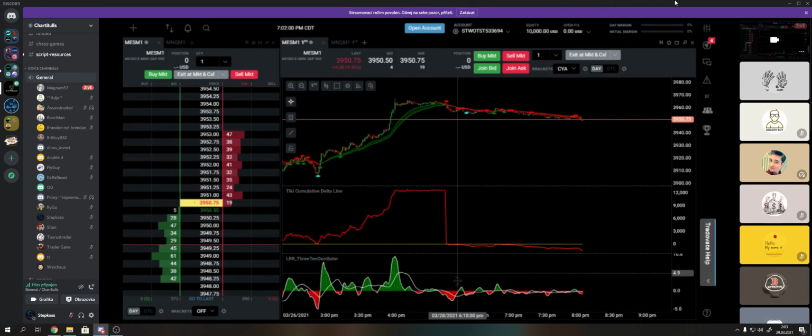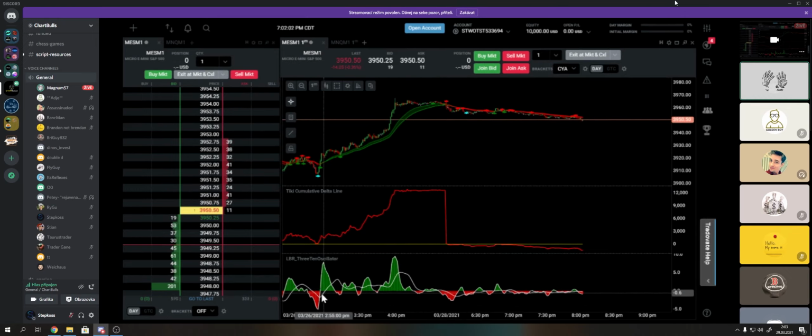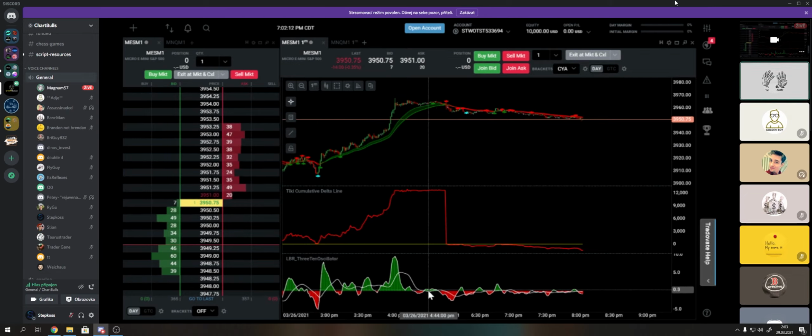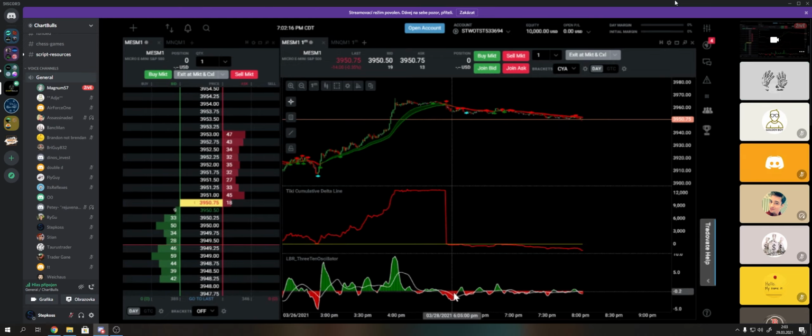If you look at it, it lines up fairly well with the Wonder Cloud. If you look at where it's given its signals, it really lines up fairly well with it.